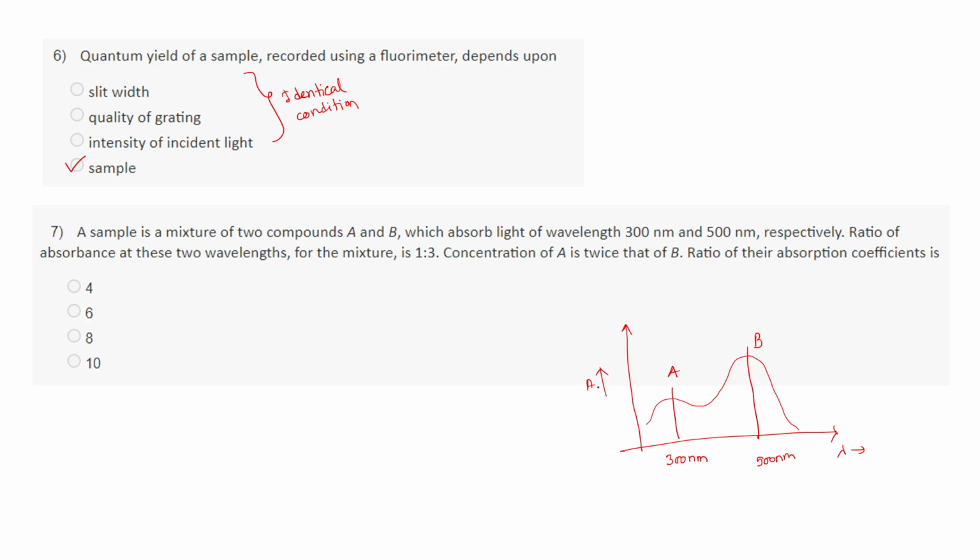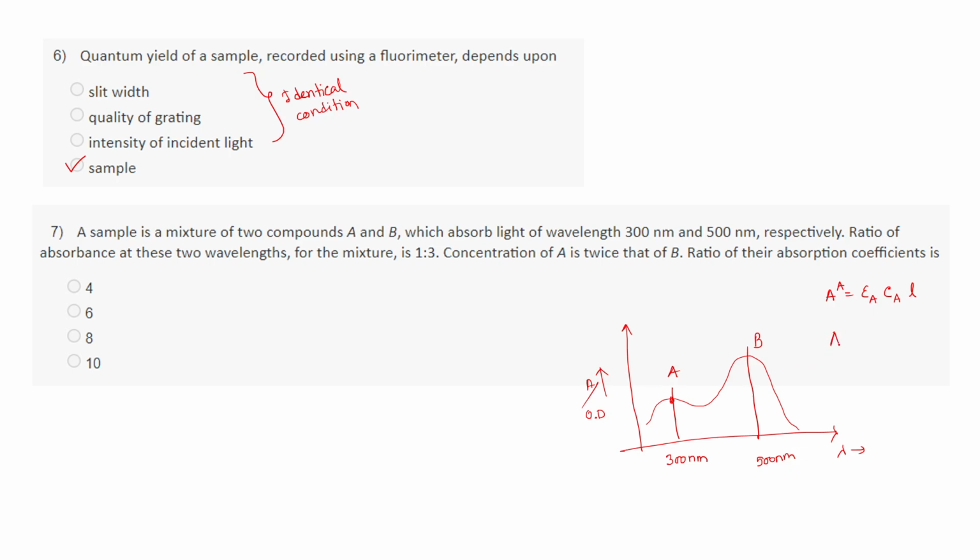Absorbance sometimes you can see as OD, that is optical density. So the absorbance of A is epsilon A times C of A, and the path length is the same, since you are using the same cuvette.